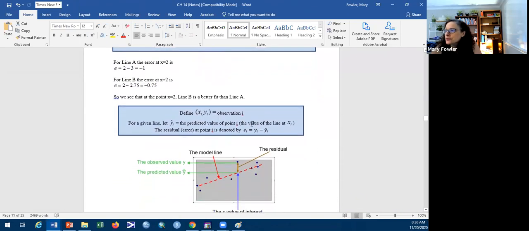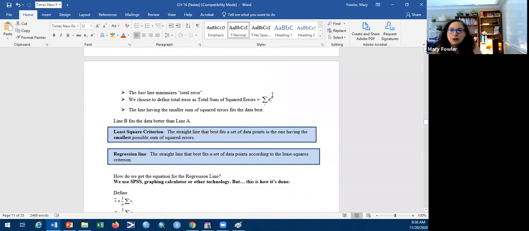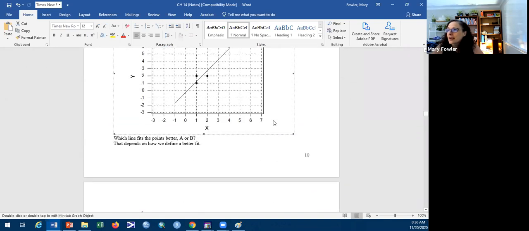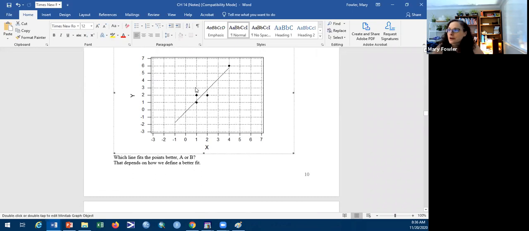What we want to do is add up all the distances, but sometimes the distances are positive and sometimes the distances are negative, right? For all the points that are above the line, y minus y hat is positive.